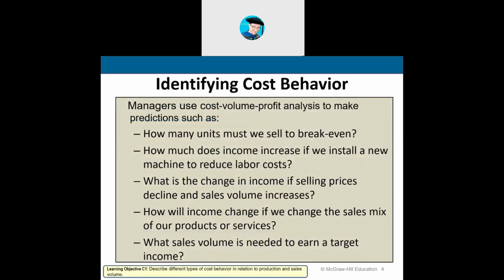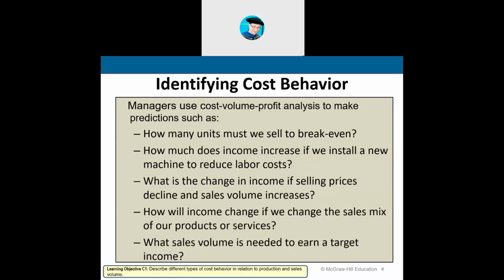In order for us to really understand cost, we need to understand how many units we need to sell in order to break even. Remember, the point of break even is where I'm selling the number of units at the total cost. How many units do I need to sell in order to generate enough revenue to cover all of my business's cost?